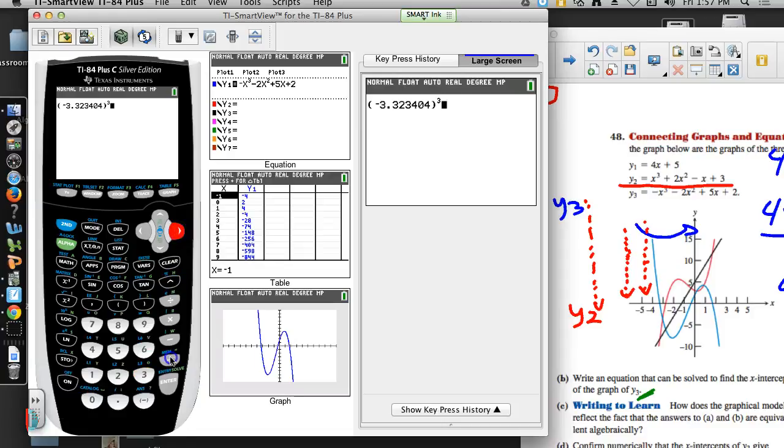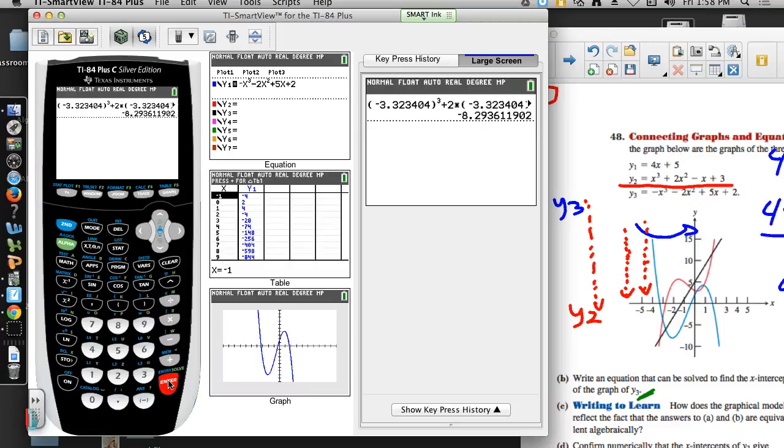And we need that plus 2 times parentheses negative 3.323404 parentheses squared, minus parentheses negative 3.323404, plus 3.